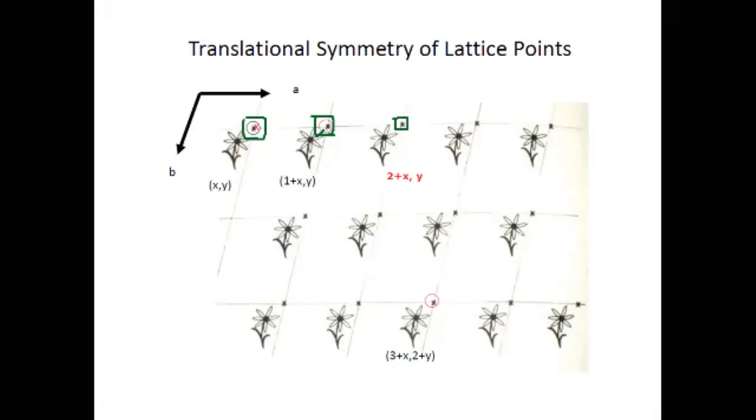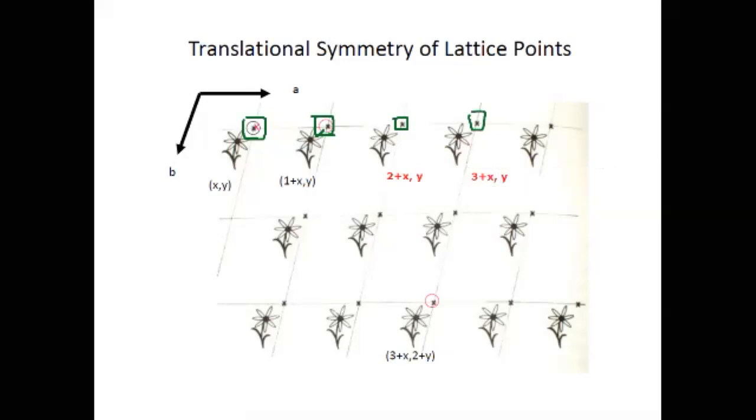So since we're only translating, these are lattice points, because the only difference between these 3 points is translation along the X-axis. So we're just moving 1 unit to the right for each one of these lattice points. And then if we went to the 4th point, it would be 3 plus X, comma Y.